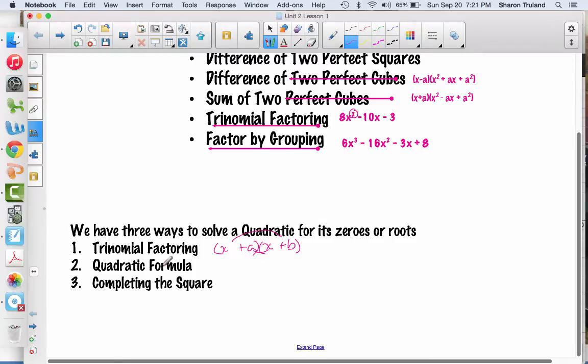Opposite of b, plus or minus square root, b squared minus 4ac, all over 2a. Not sure if you did that in geometry or not, but it's back to haunt you. And then the last, completing the square. So we're going to take some time to review those right now.